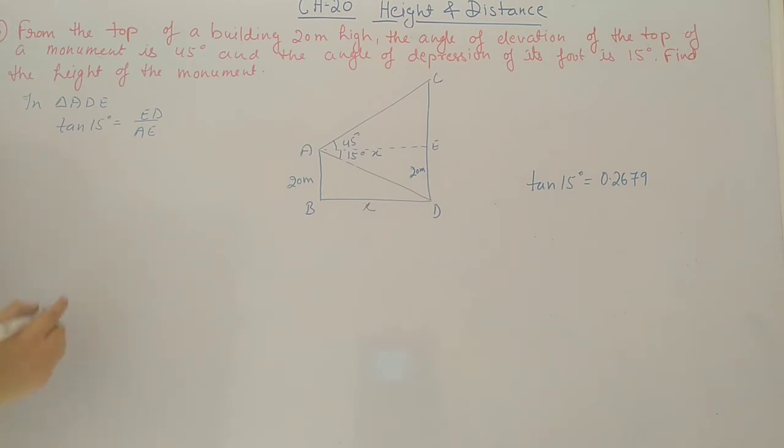Tan 15 value you have to check from the table, 0.2679. ED is 20 meter and AE we don't know, so keep x. So x is equal to 20 by 0.2679. Remove decimal and do the calculation. You will get 74.65.